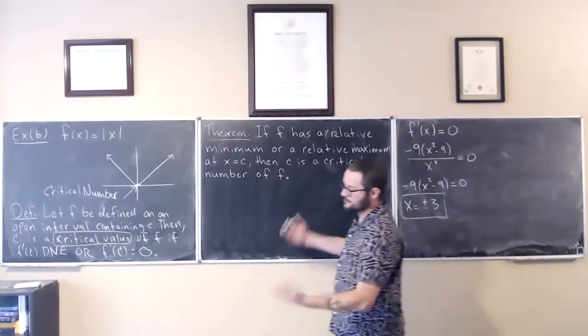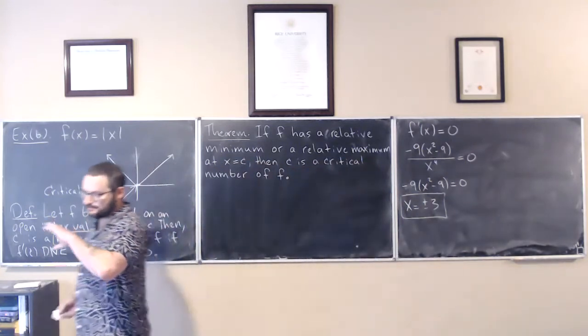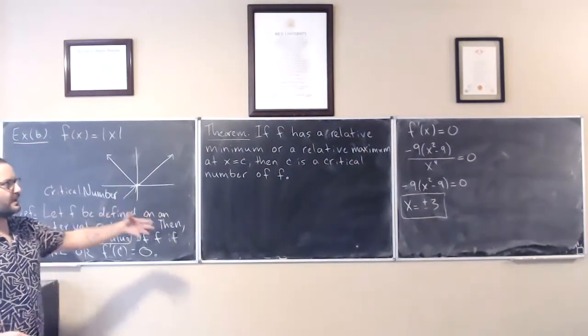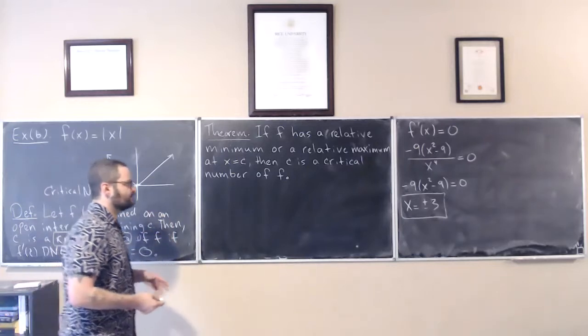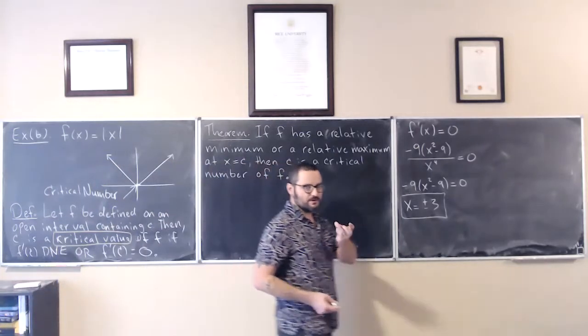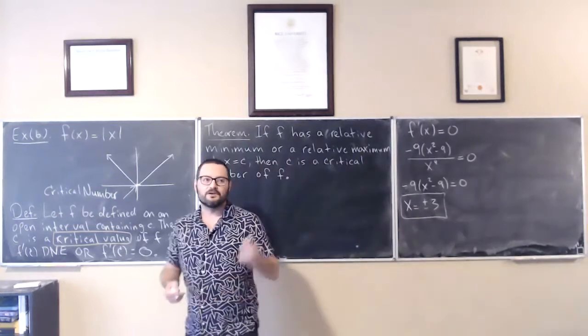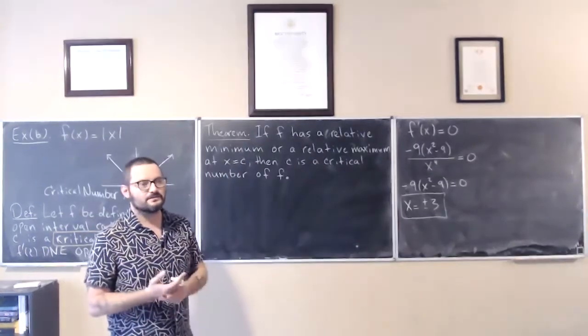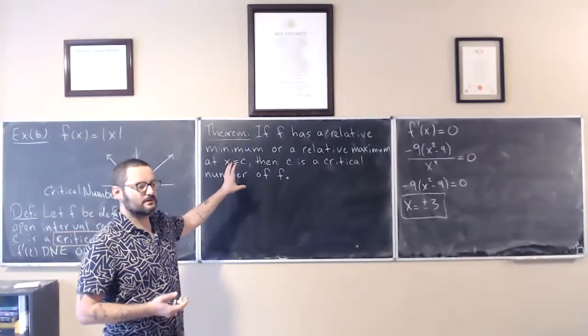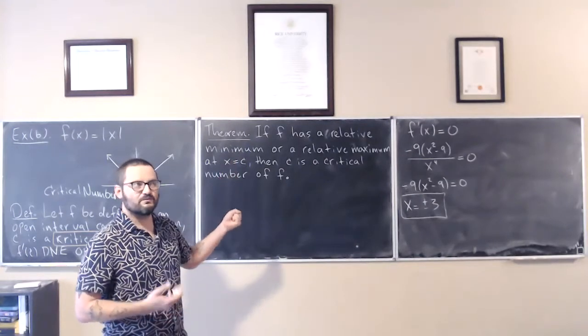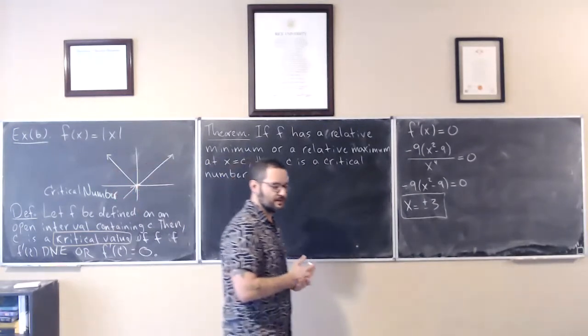So this is good, right? So if the function is going to have a relative min or relative max, then at that point the derivative of the function is either 0 or the derivative doesn't exist. So this is a good criteria to guarantee that we have some information about the function at that point.